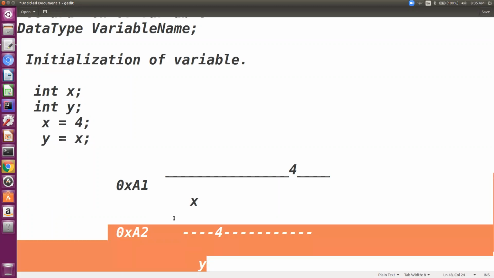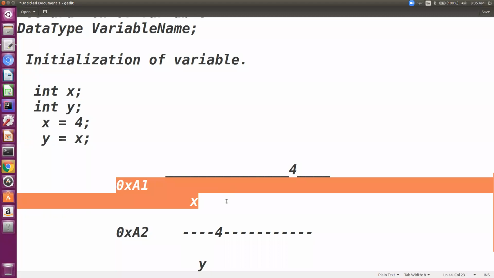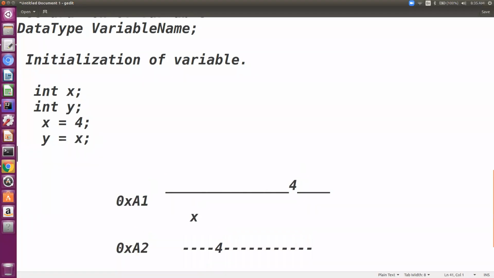So if later I put x equal to 3, to be more precise, x will now get a different location, say 0A4, and the value will be 3 on x.